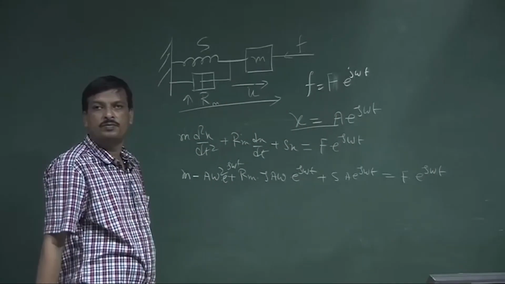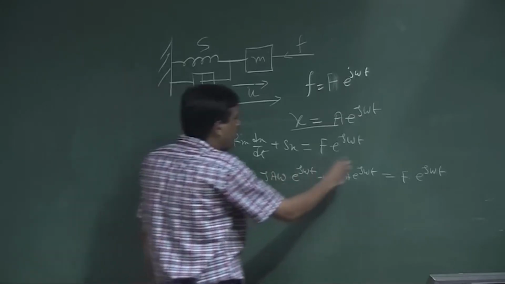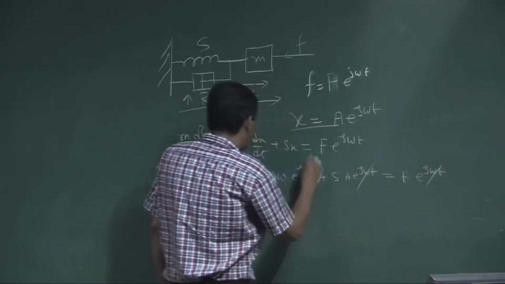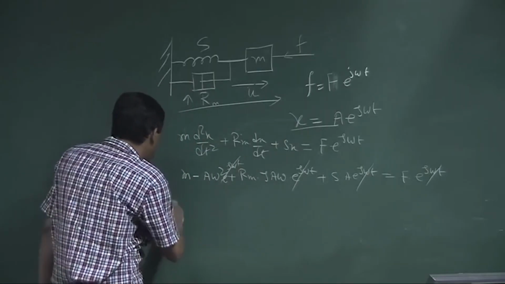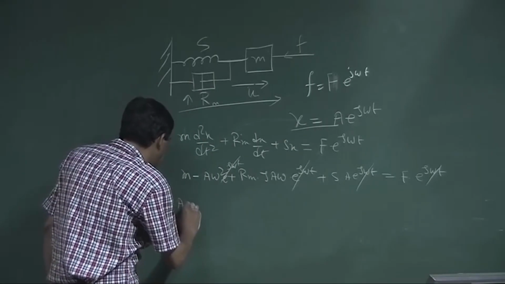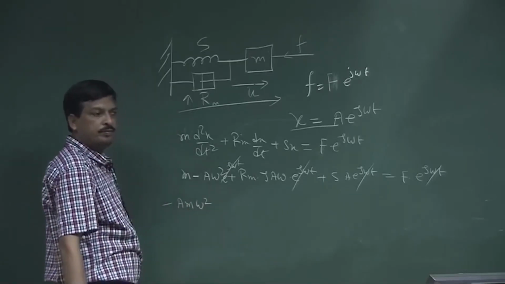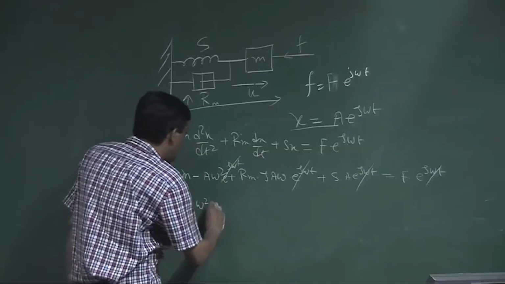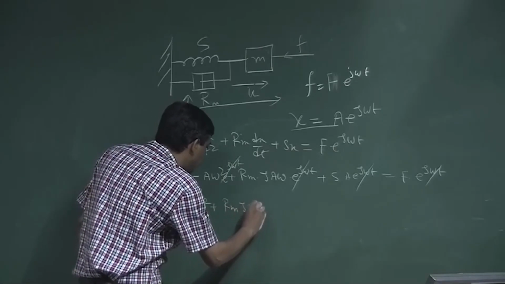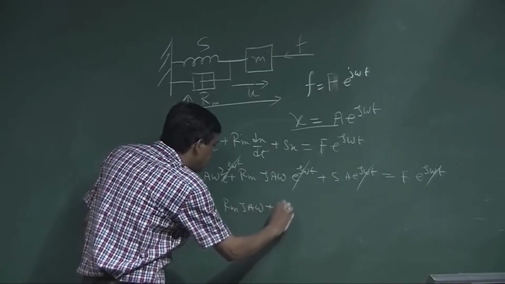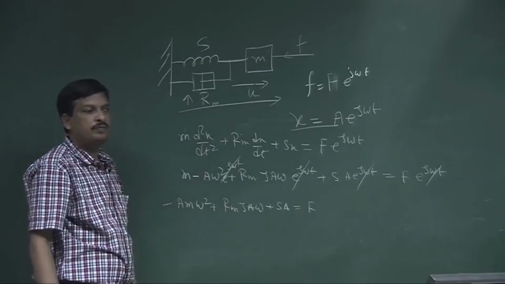Is that okay or not? Okay. Now, e to the power j omega t will be cancelled on all terms. So, it is minus A m omega square plus rm j A omega plus s A is equal to F.